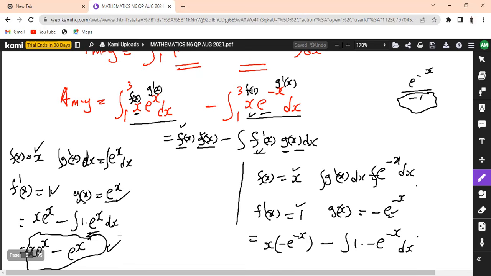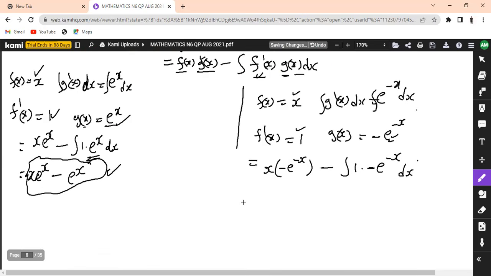So that's what you're going to have. Take note, there's a minus here, so let's combine and see what you're going to have. x and minus, that's minus x e to the exponent of minus x. You've got minus and minus here, which will give us a plus.